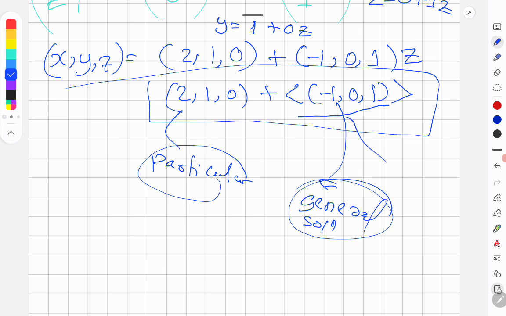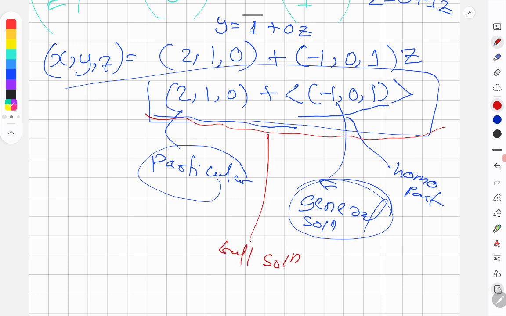So this is the homogeneous part of the solution, and this is the full solution. It's a combination of particular solution plus general solution.